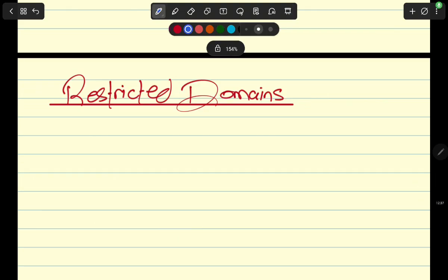Now CIE loves to test you on the restricted domains, right? For example, let's say they've given you a function f(x) is equal to (x minus 2) whole square plus 1. Now you can clearly tell, those who are retaking or everyone who's doing their A levels, you have done your O level or IGCSE math or AD math, which is better.